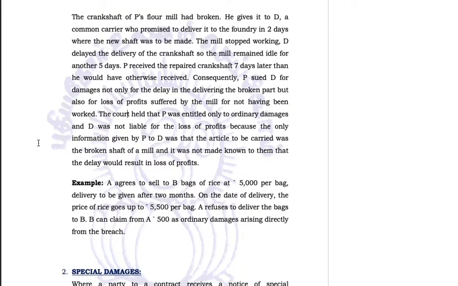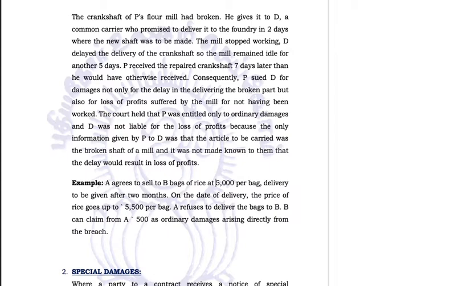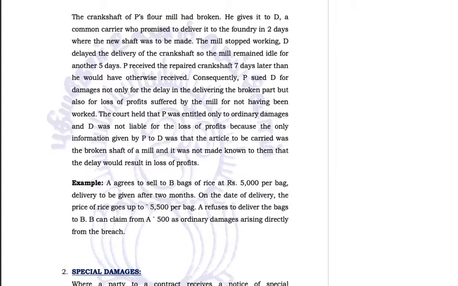A agrees to sell to B bags of rice at 500 rupees per bag. Okay, this is the price. Delivery to be given after 2 months. On the date of delivery, the price of the rice goes up to 5,500 rupees per bag.